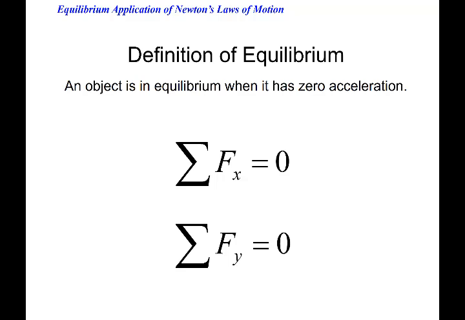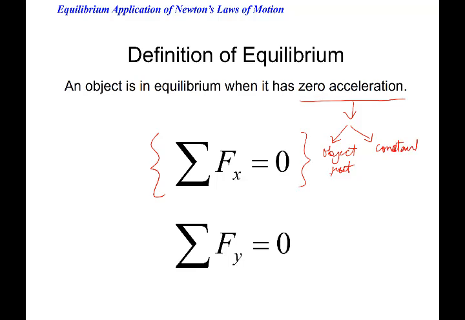When objects are at rest, we say that forces are in equilibrium. An object is in equilibrium when there is zero acceleration. That means there can be zero acceleration in two scenarios: the object is at rest, or the object is moving with constant velocity.